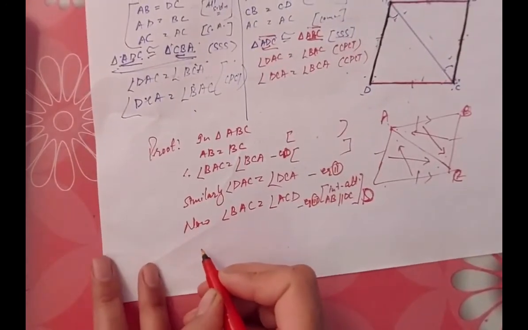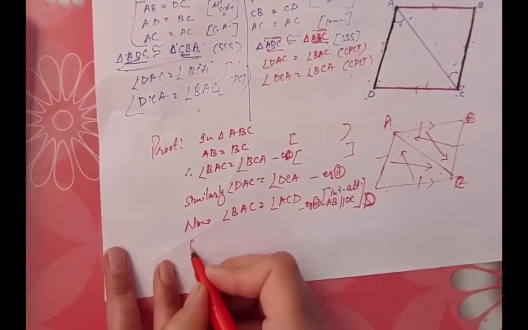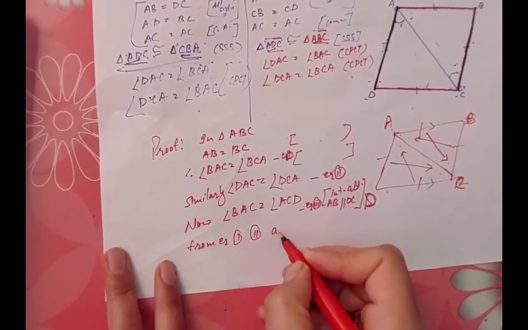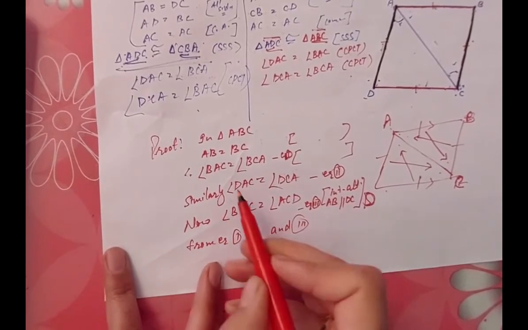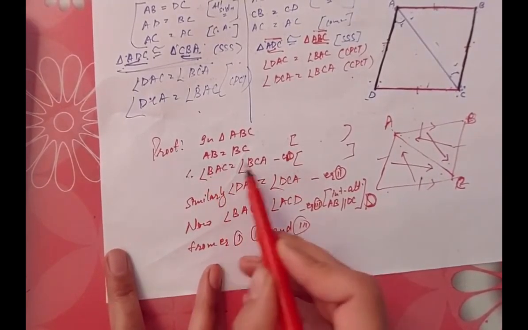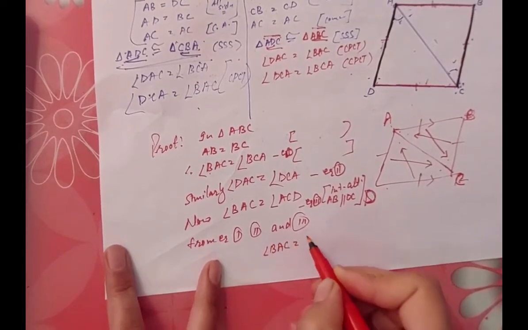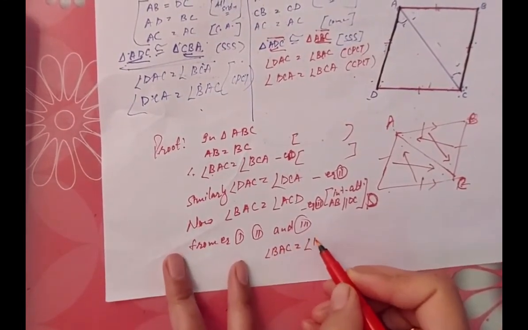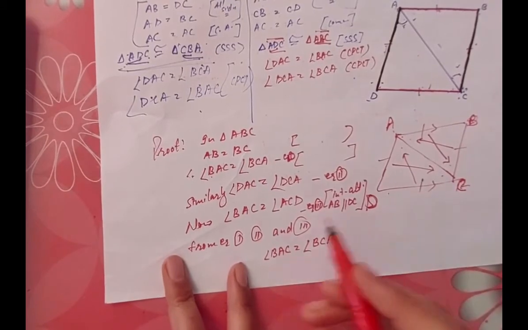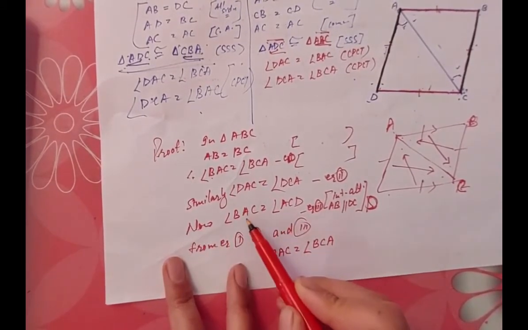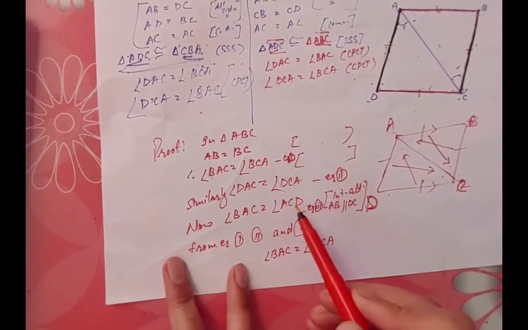See, the conclusion is very important in every question. So from equation 1, 2 and 3. See, what does equation 1 say? BAC equals BCA. And what does equation 3 say? Why did I move to equation 3?